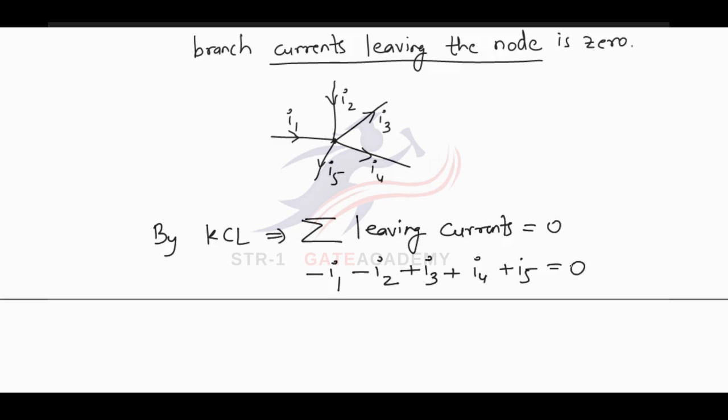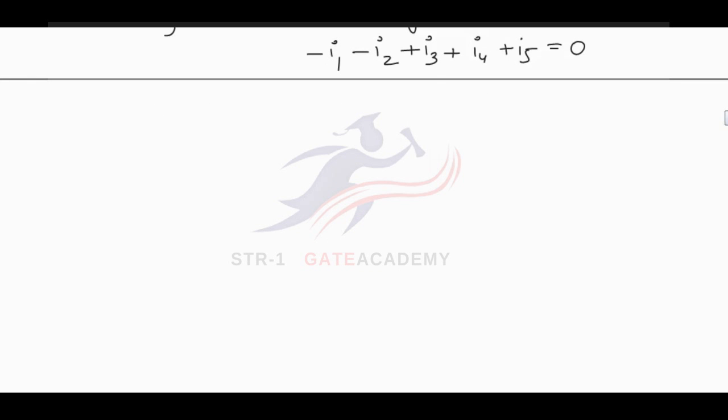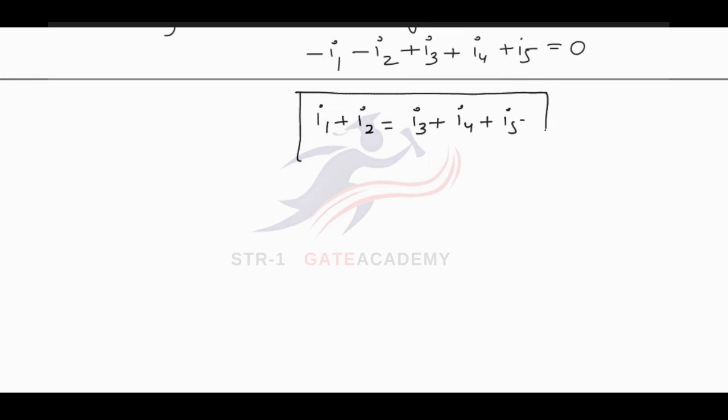Now from this you can take the terms to the right, and you can say that I1 plus I2 is equal to I3 plus I4 plus I5. So what you can say is that I1 and I2 are entering currents, and I3, I4 and I5 are leaving currents. So this definition is 100% correct. That is, sum of leaving currents is equal to 0.